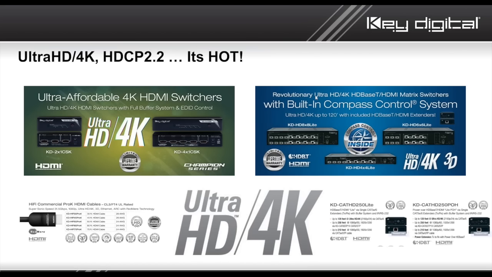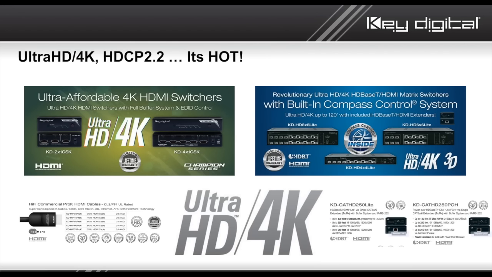So, as you are well aware, the hot buzz term in distributed video and video products is Ultra HD, 4K, HDCP 2.2. For better or for worse, this is the buzz. The brilliant thing of HD and Ultra HD rather than 4K is the image just looks amazing, of course.